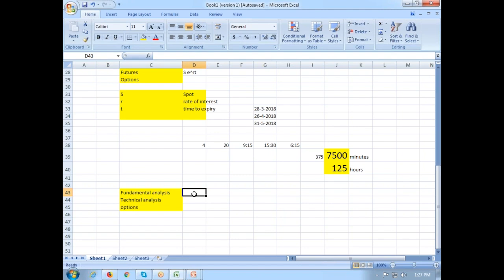Because time is a very important ingredient in that. If you don't include time in your analysis, it's going to be tough trading options. So that is the first part of understanding time: why time is important as far as options are concerned.